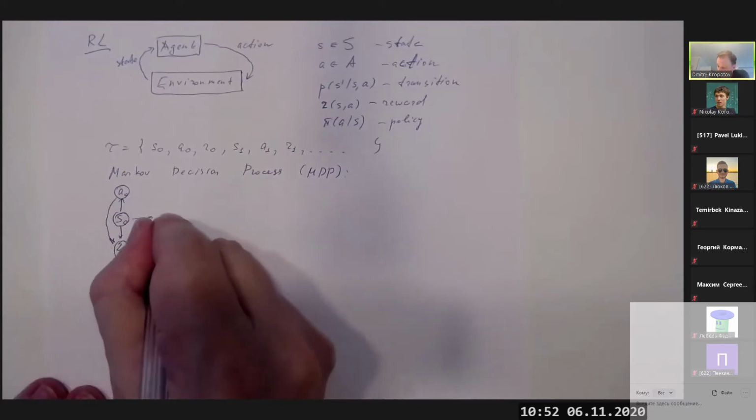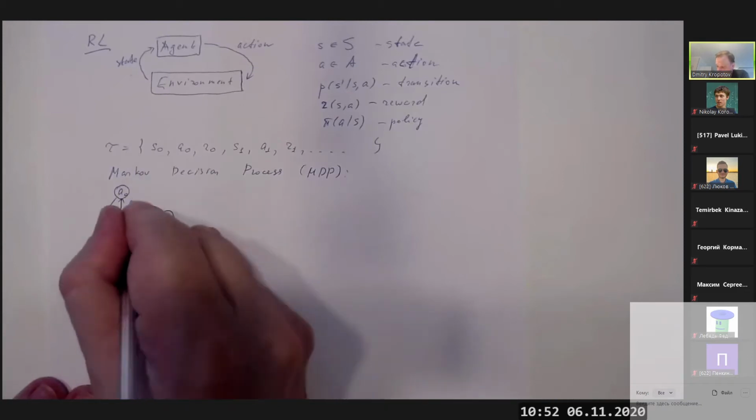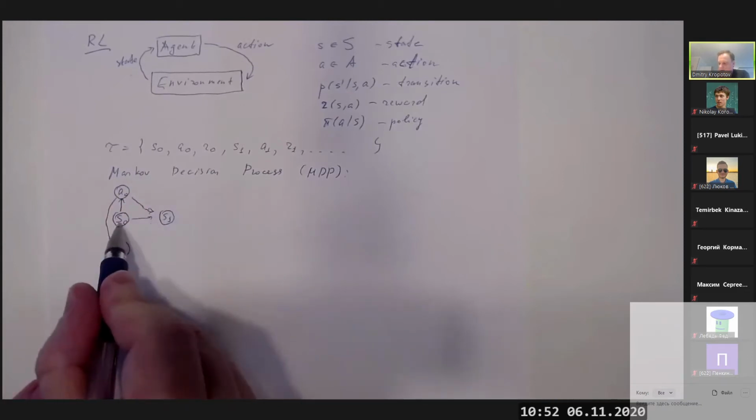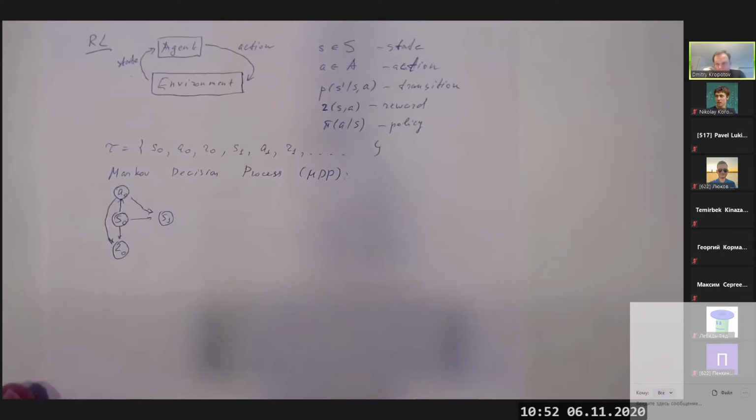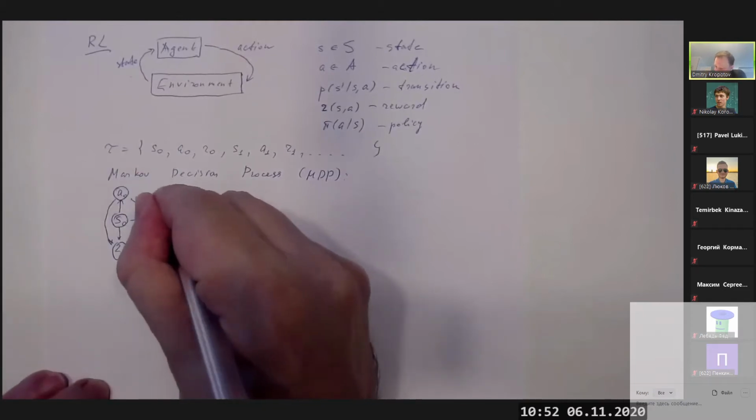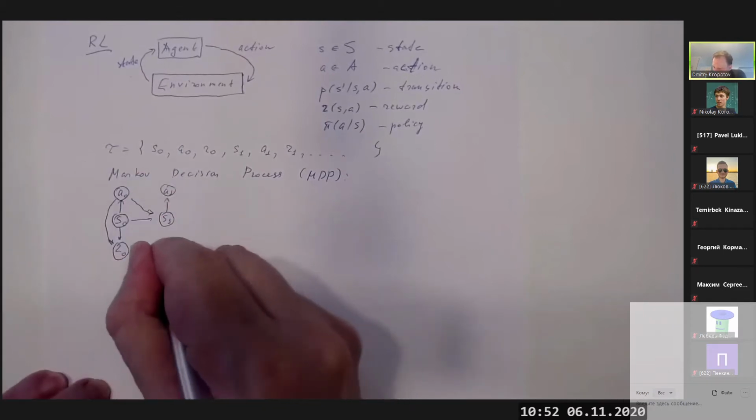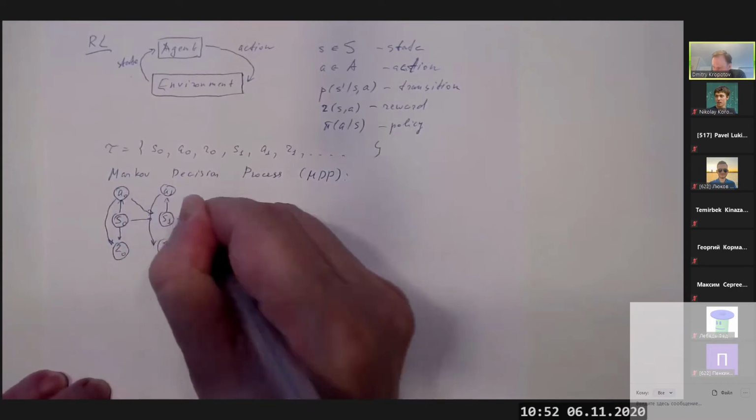Then we go to the next state S1, and this state depends on the previous state and the previous action. Again, get a new action, get a new reward, and so on.